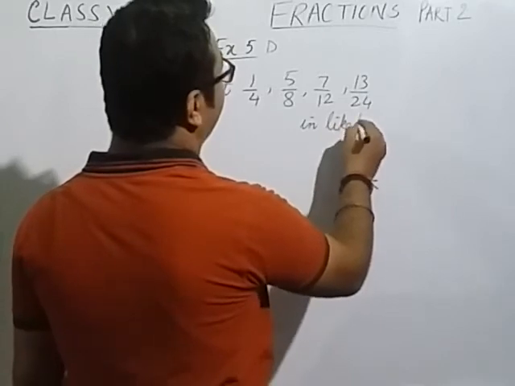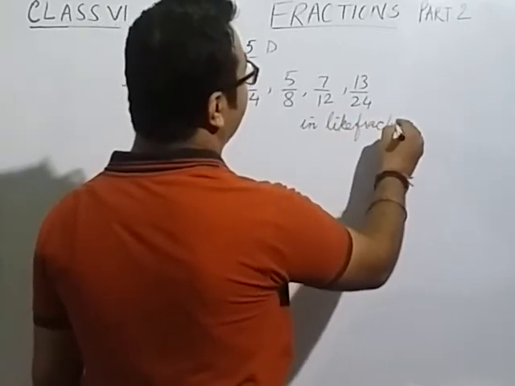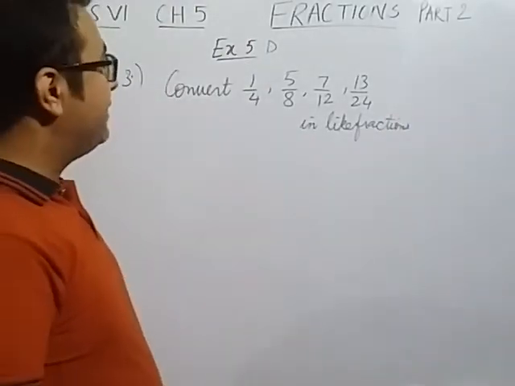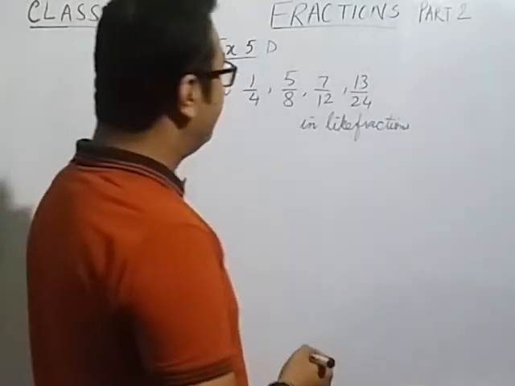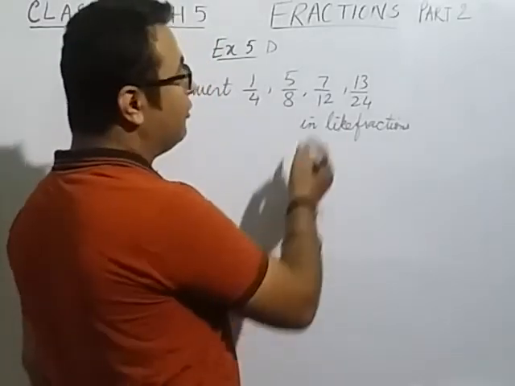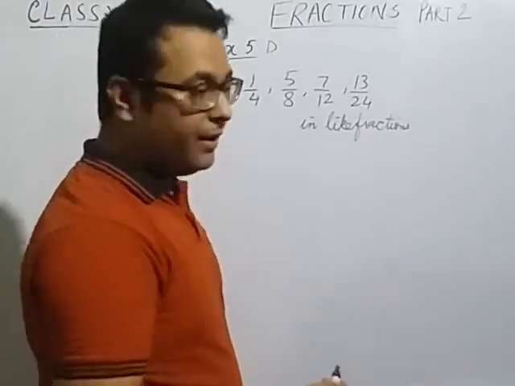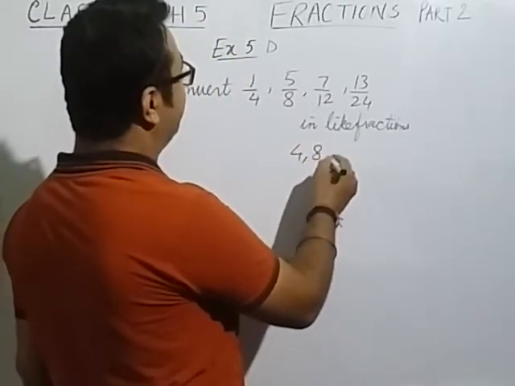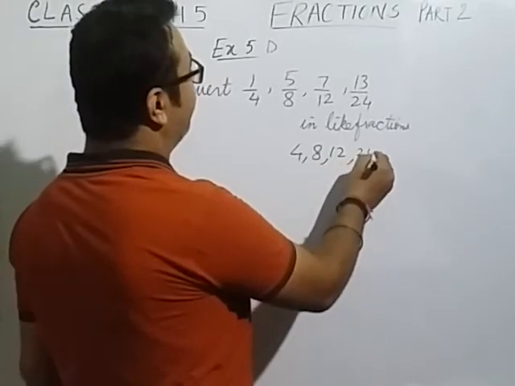As you can see, the given fractions are unlike fractions. Since the denominators are different, we need to convert them into like fractions. In order to convert them, we make the denominators equal by taking the LCM. Let us first find the LCM of the denominators, that is 4, 8, 12 and 24.